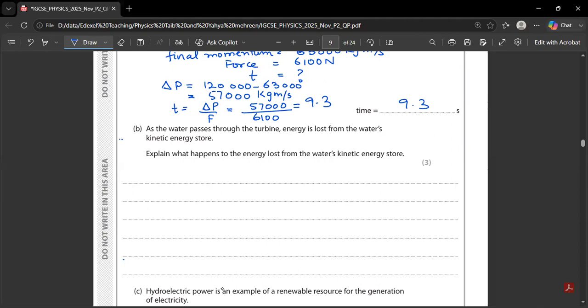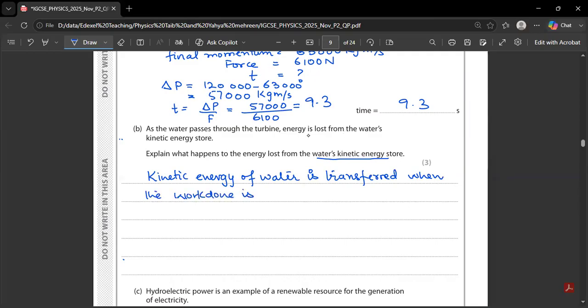Explain what happens to the energy lost from the water's kinetic energy. So the kinetic energy of water is transferred when the work is done.